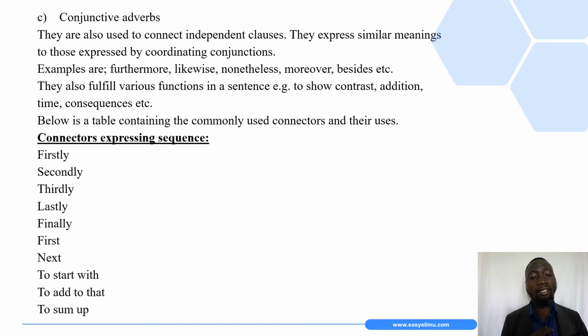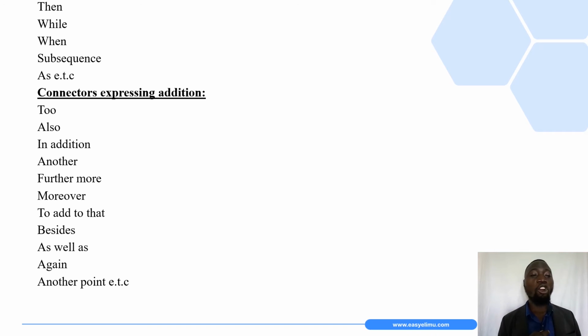In this group, we have connectors like firstly, secondly, thirdly, lastly, finally, first, next, to start with, to add to that, to sum up. We also have others like then, while, when, subsequently, as, etc. In another group of function, we have connectors that are used to express addition.